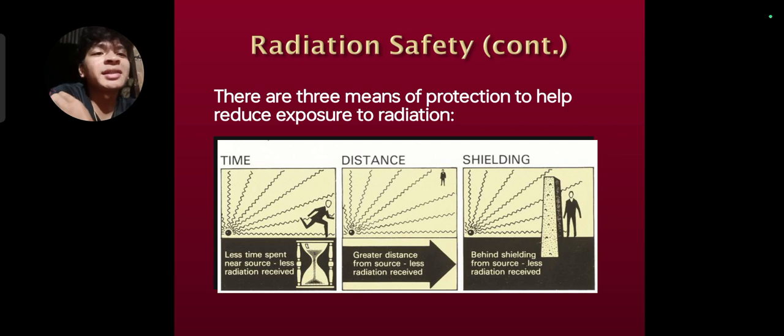Then distance: the greater the distance from the source, the less radiation received. It means you must be kept apart from the material you are testing. Shielding: the more you are behind shielding from the source, the less radiation received.